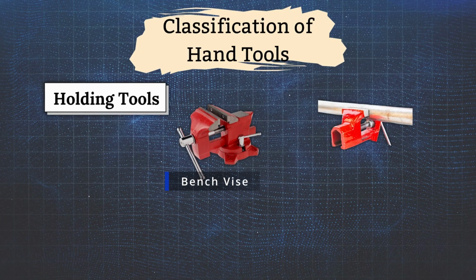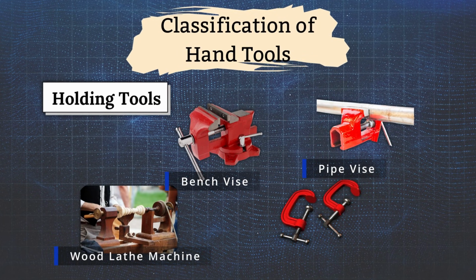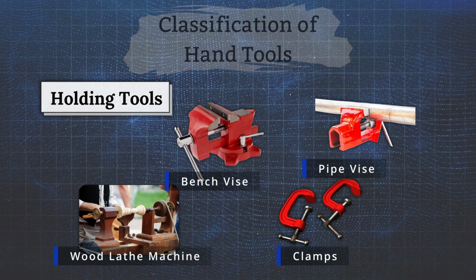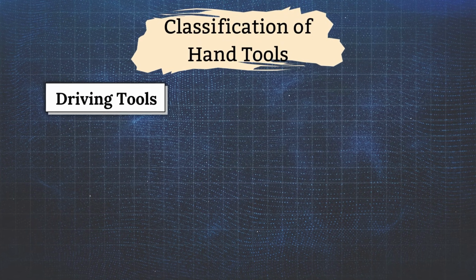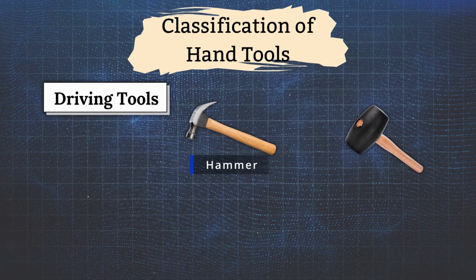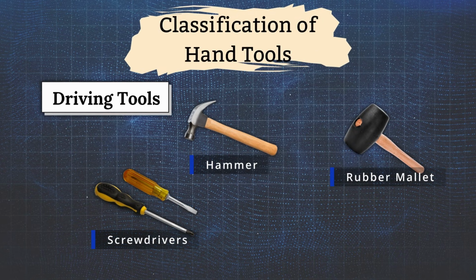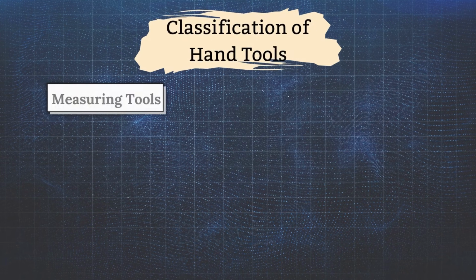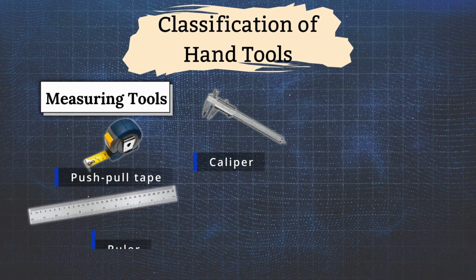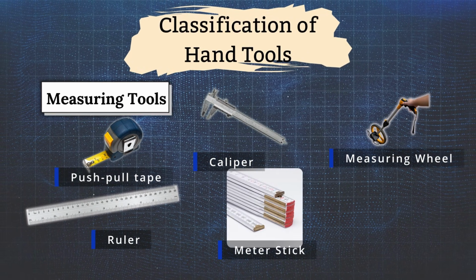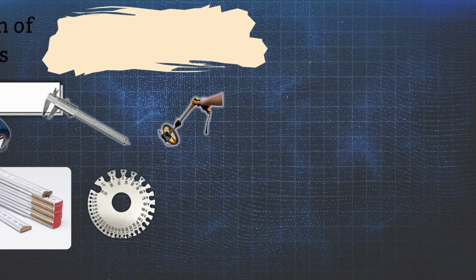Examples are bench vise, pipe vise, and clamps. Number 2, driving tools. Examples are hammers, rubber mallets, and screwdrivers. Number 3, measuring tools. Examples are push-pull tape, caliper, ruler, measuring wheel, meter stick, and wire gauge.